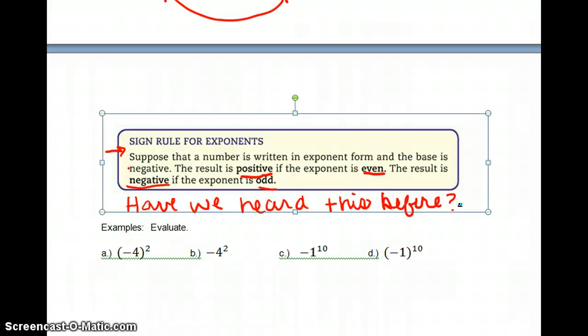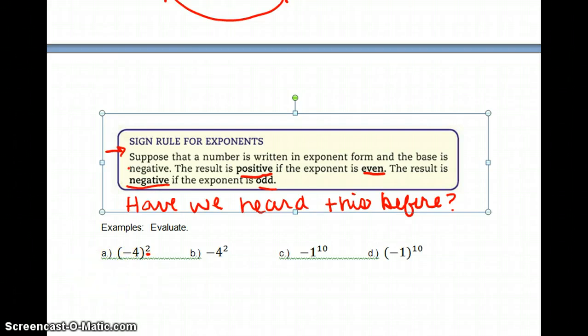If the number of negative signs was odd, the result would be negative. Being that an exponent represents repeated multiplication of the base, this concept should make sense to us, because the exponent is telling us how many times to multiply that base by itself.